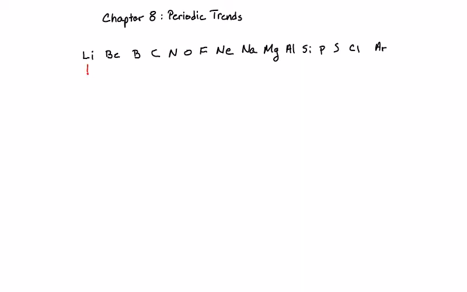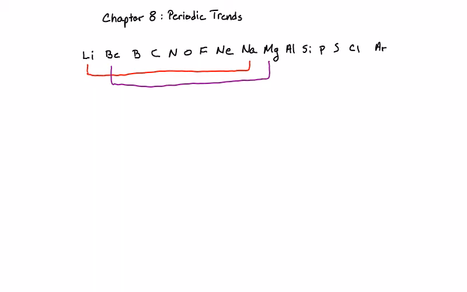You notice that both lithium and sodium had some similar properties. They're both metallic, shiny, they were soft metals. If you threw them in water, they both went kaboom, a big explosion. They produced hydrogen gas. And if you looked at beryllium and compared that to magnesium, you saw that there were some similarities too in terms of the fact that they both form similar types of compounds where the metal takes on a +2 charge.